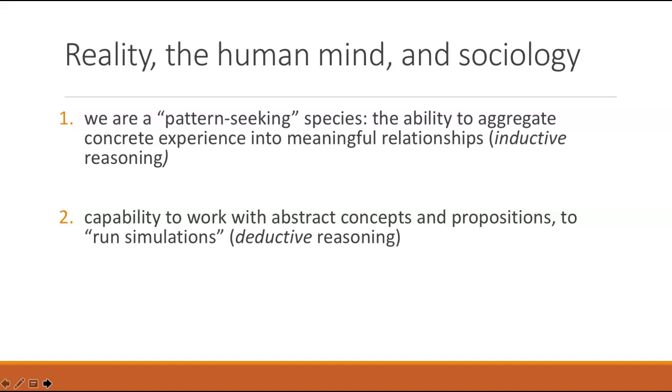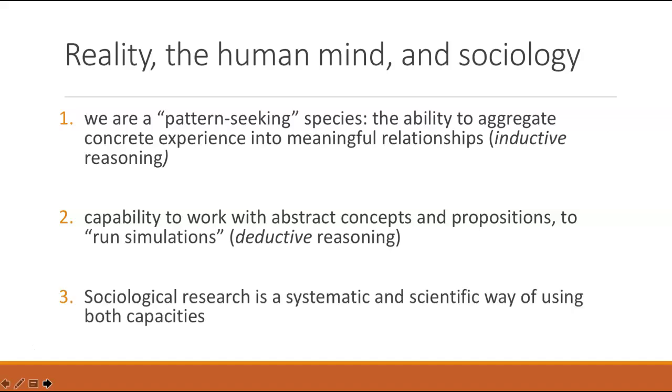Second, our brains have an incredible capacity to play with abstract concepts and, like very sophisticated software, to run simulations on how those ideas might connect to concrete experience. We call this capacity deductive reasoning. What sociological research does is use both of these capacities in a systematic way to increase our knowledge about the social world.